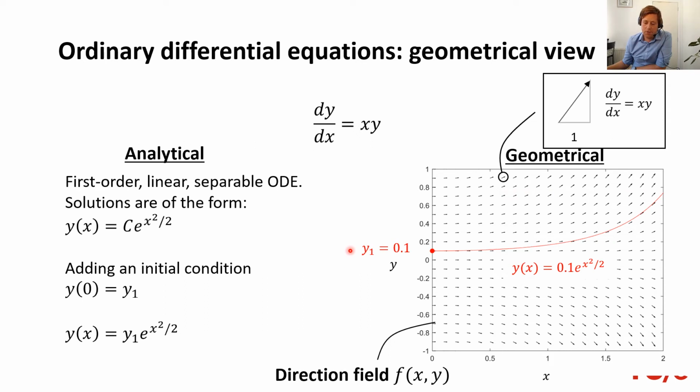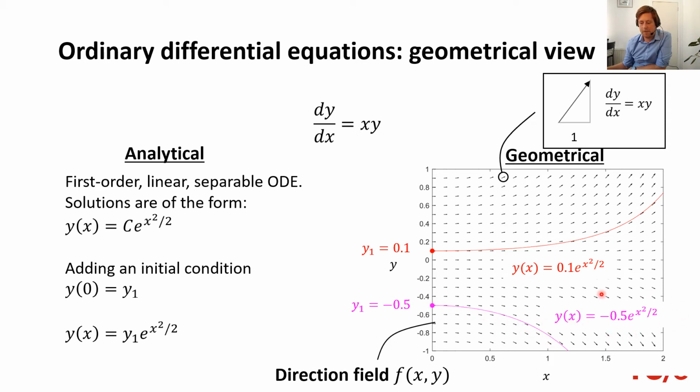Also, this shows us what happens when we change the initial condition. So for example, let's say that we take an initial condition of y subscript 1 is minus 0.5. That means that we start at this point, and then following these arrows, we find that the geometrical qualitative view of the function will look a bit like this.